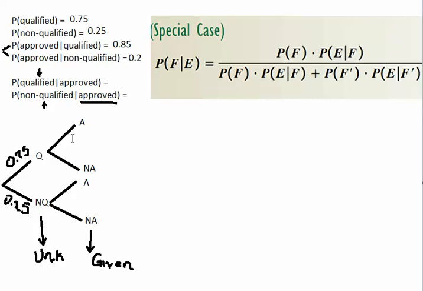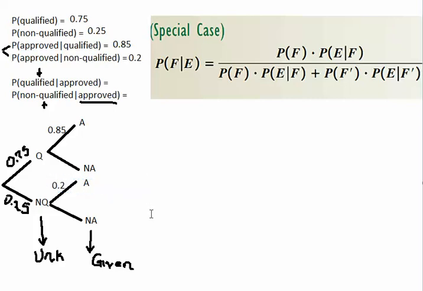The probability to be approved given that is qualified, so this part of the branch, is 0.85. The probability to be approved given that is not qualified, it's 0.2. So this branch right here has probability 0.2.